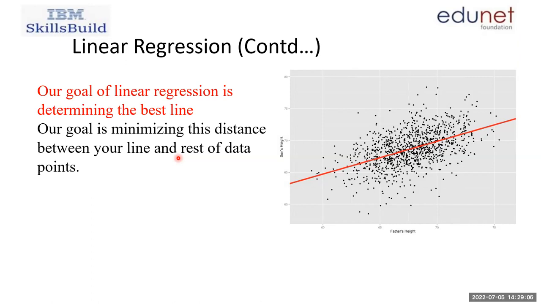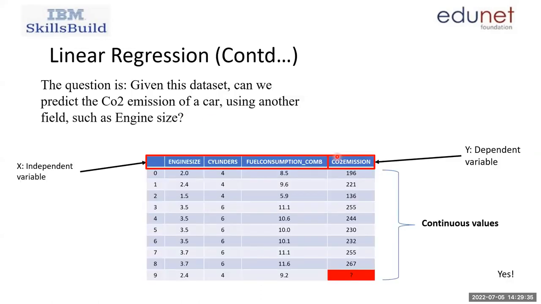So our goal is to minimize the distance between the line and the rest of the data points. This is the optimal line we can draw using a regression algorithm, where the distance between the data points and the line is as small as possible. That is the concept of linear regression.